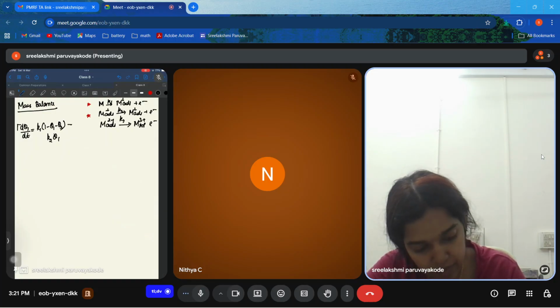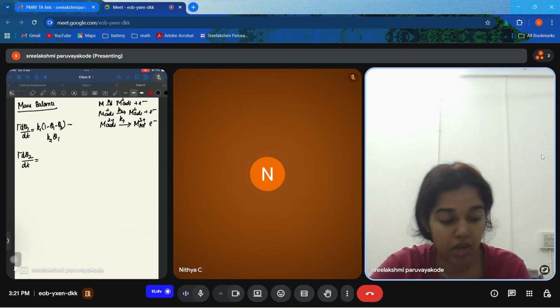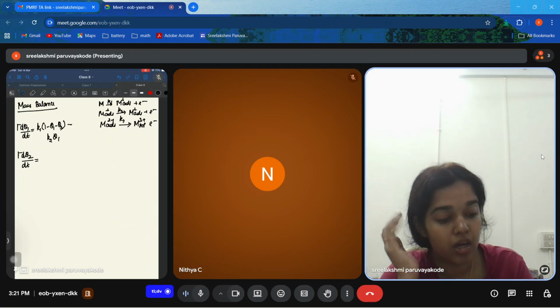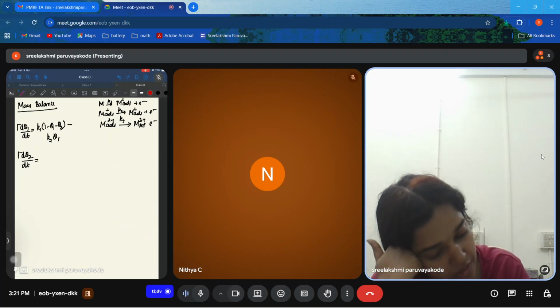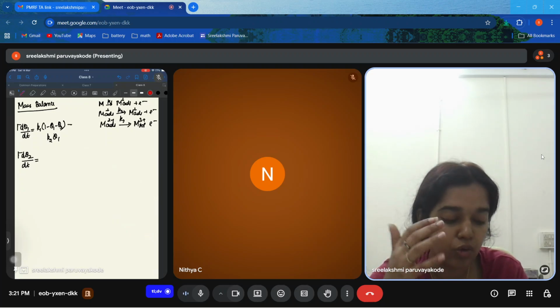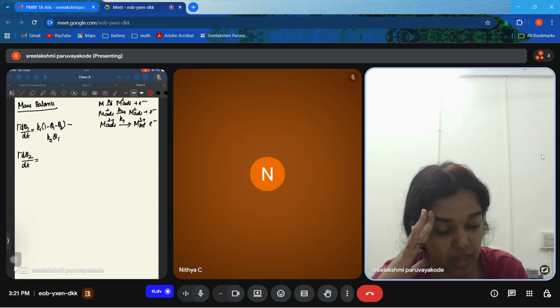Now the next one, d theta 2 by dt. Let's look into the steps which involve the formation and consumption of theta 2. The first step doesn't have M adsorbed 2 plus involved, so I'll be neglecting that step.